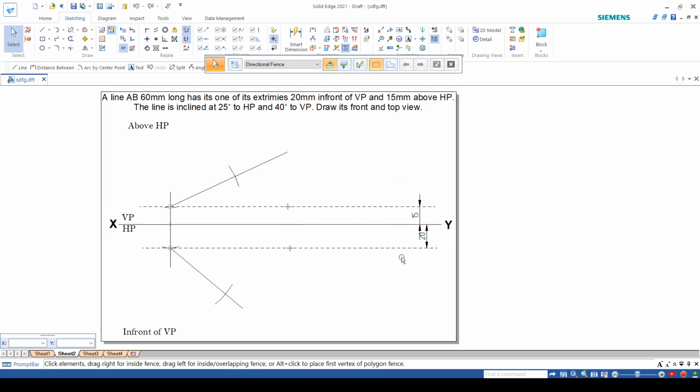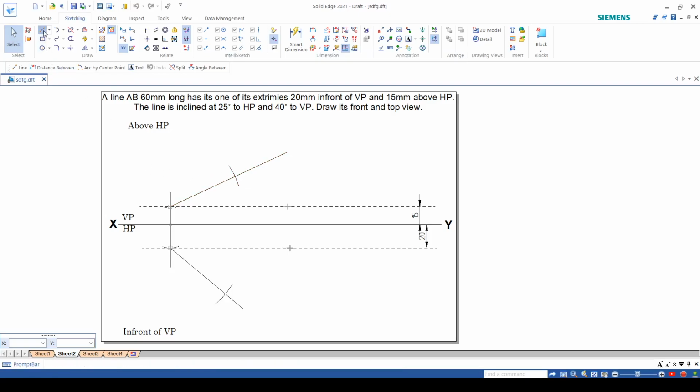You can draw a straight line here, then make a parallel line from this side to this side. Or, since here it's given 25 degrees, mark an angle of 25 degrees from this, so from 180 take the angle.